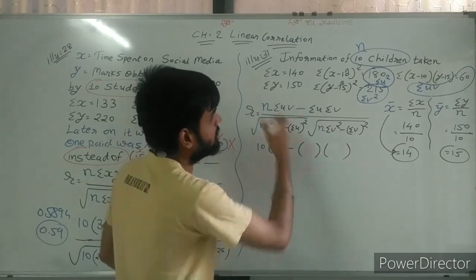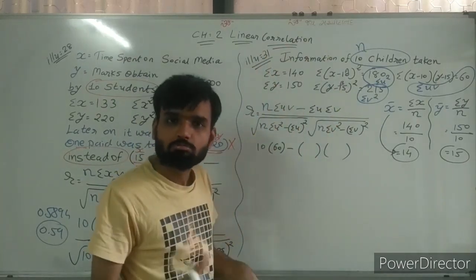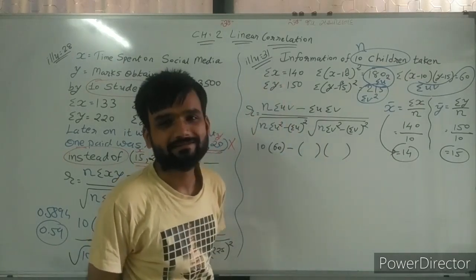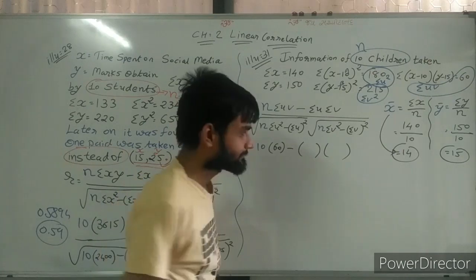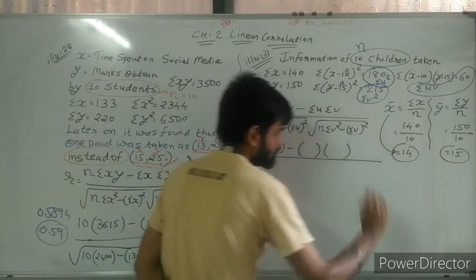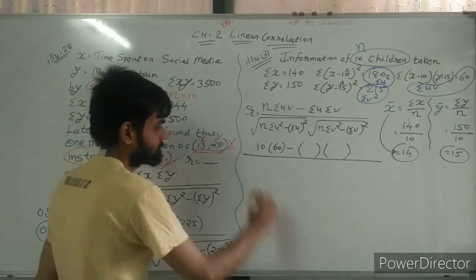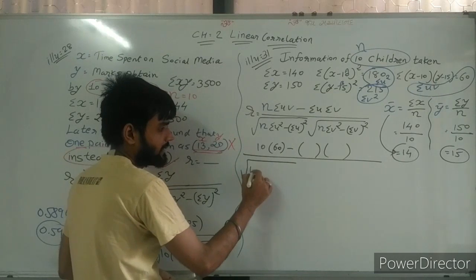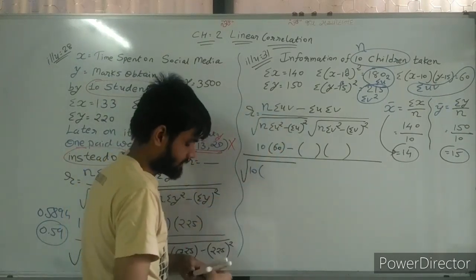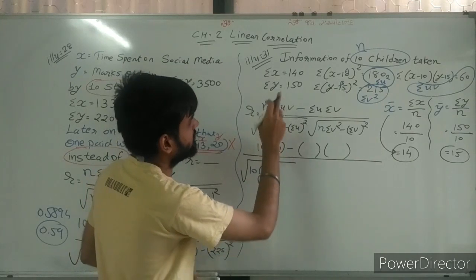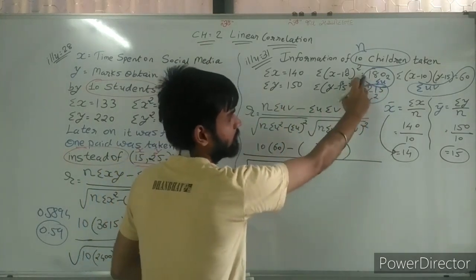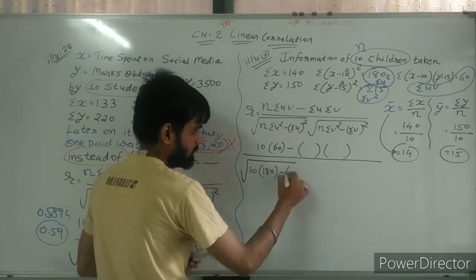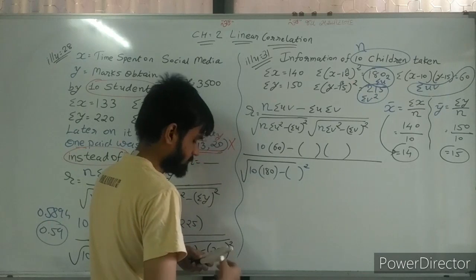Sigma u and sigma v are not given, so we write nothing for now. Divided by root of n, 10, sigma u square, which is 180. Then sigma u whole square.